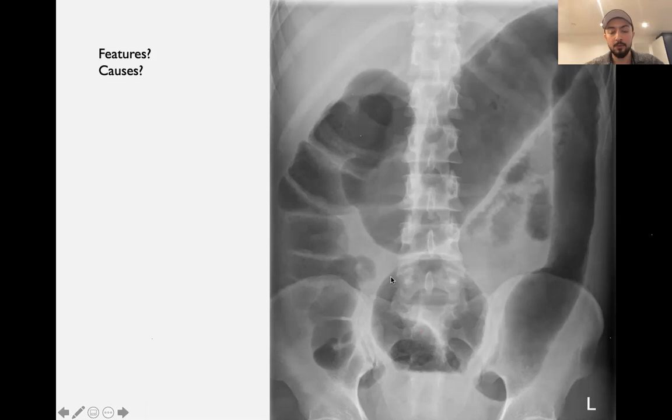Now, this is usually caused by IBD, so it could be caused by either Crohn's disease or ulcerative colitis. The reason why you can see thumbprinting in here is that there's inflammation in IBD within the colon, as you know. And this inflammation causes swelling within the haustra or within the folds, causing these folds to swell and form this pattern of appearance.